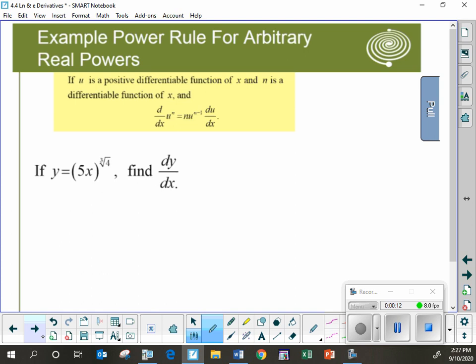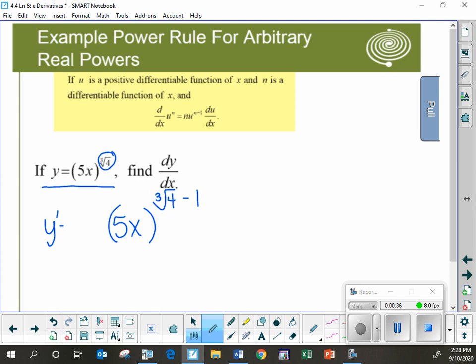So given this function, find the derivative. So here's my power, not a real nice looking power, but I would just proceed with subtracting 1 from my power, the cube root of 4, minus 1. The power comes down, so I need a little more space.